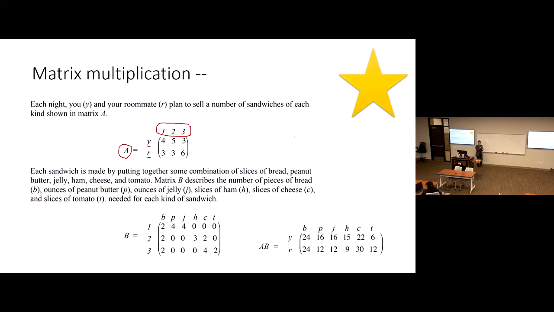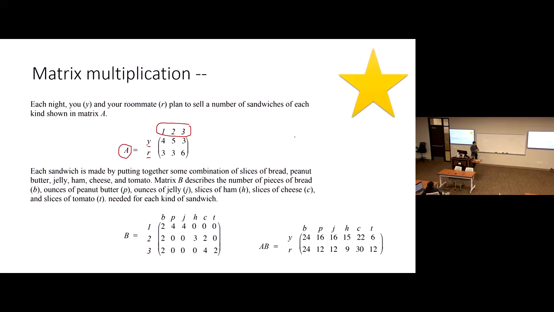Bread is essential, so every sandwich has bread in there. But you can pick whether you want peanut butter, jelly, or not, depending on which type of sandwich you want to make. Then you want to put tomato, you want to put cheese on it. So those are the ingredients to make them.